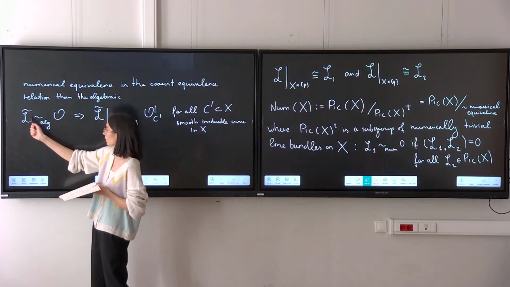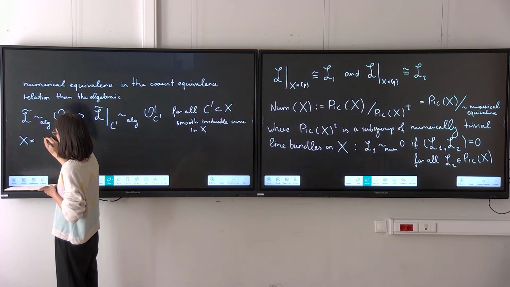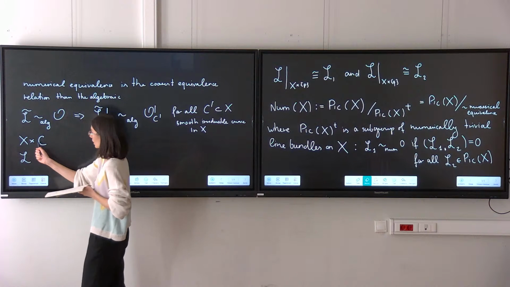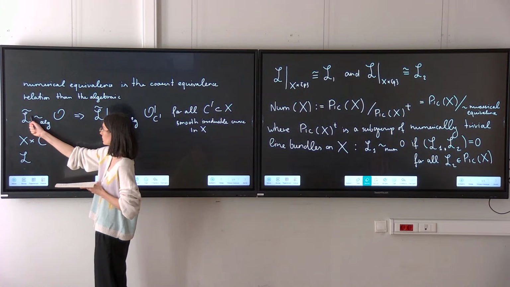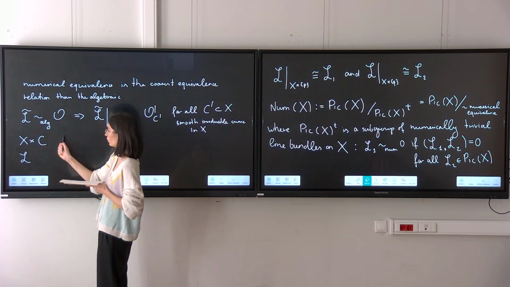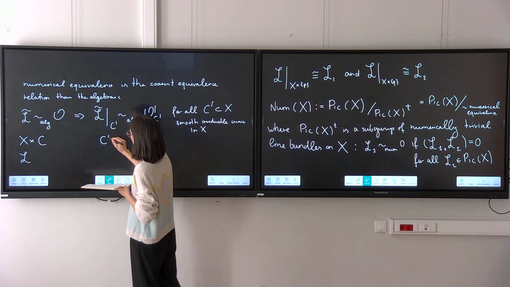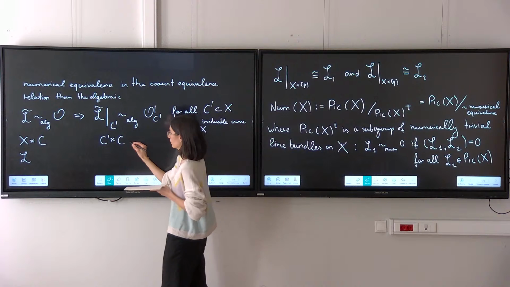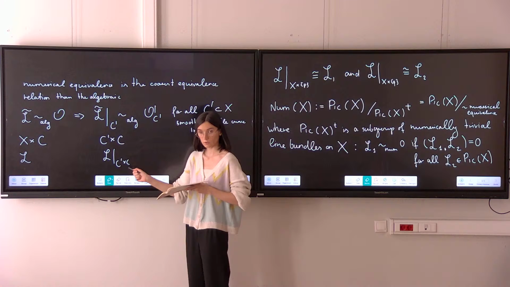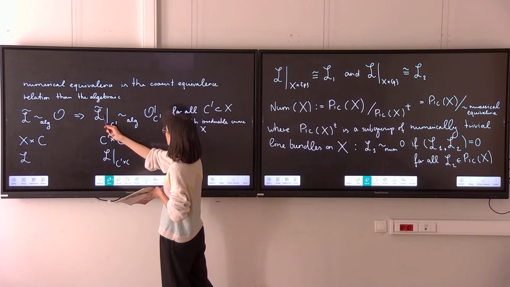Just because when we defined algebraic equivalence, we considered there exists a curve and a line bundle here that restricted to L tilde over one point of C and restricted to O over the other point of C. And here we just can take this thing and the line bundle restricted, right?